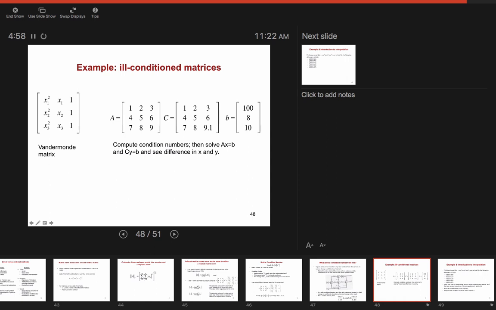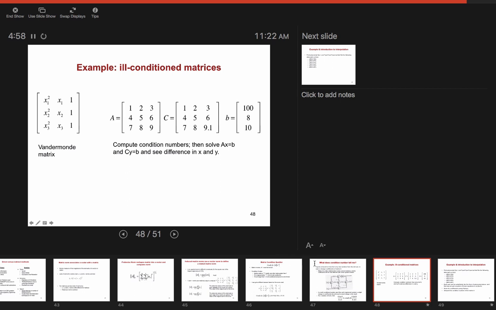And my B is np.array, 10, 8 and 10. So I'm just going to use the solver. Did I type everything correctly? Okay, and print X.